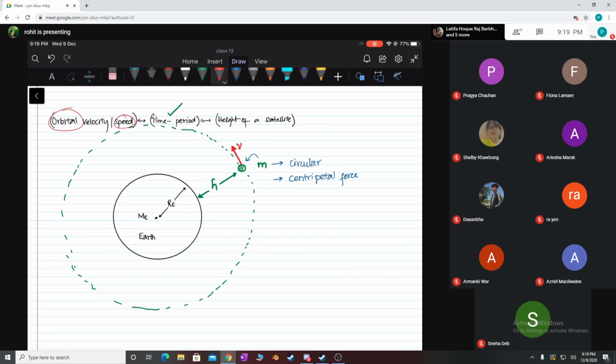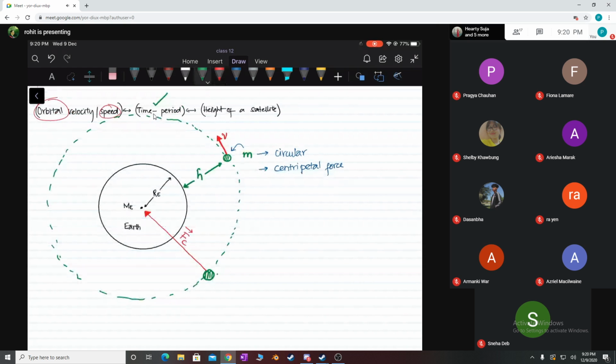Let me show you the direction of that force. Let me draw the satellite somewhere here again. Don't think there are two satellites, there's only one. The centripetal force is always directed towards the center of the circle in which it is rotating. So this is the direction of centripetal force.